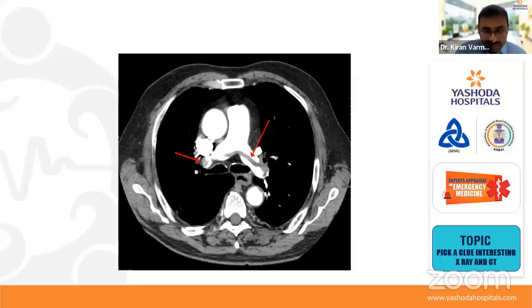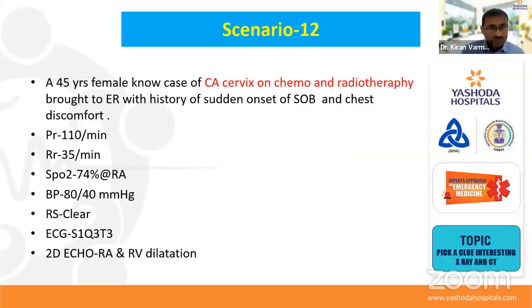So go back to the previous slide. How do you classify this PTE? Massive, submassive, or non-massive? Yeah, could be saddle thrombus, true. Adil Afzal, true. Sandeep, filling defect, you're right. So why do you say it is massive?